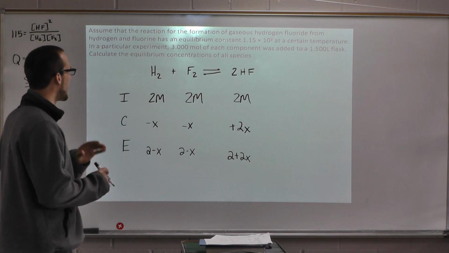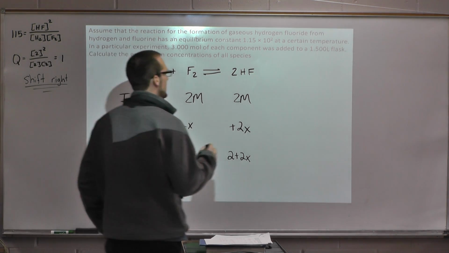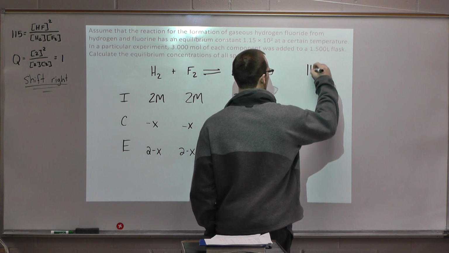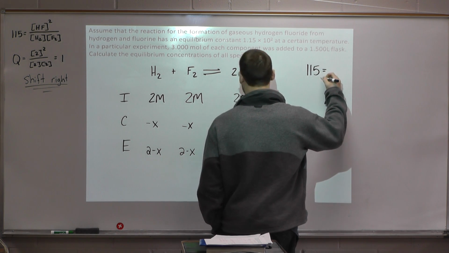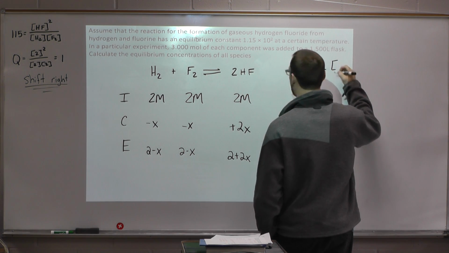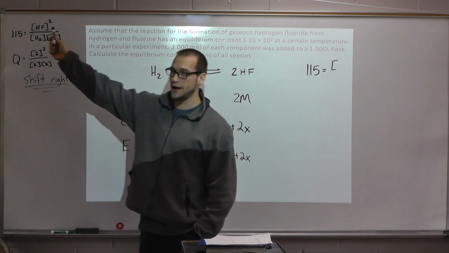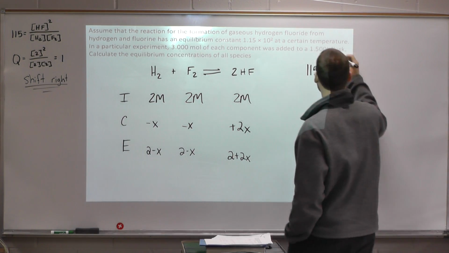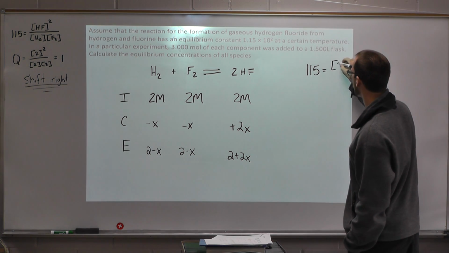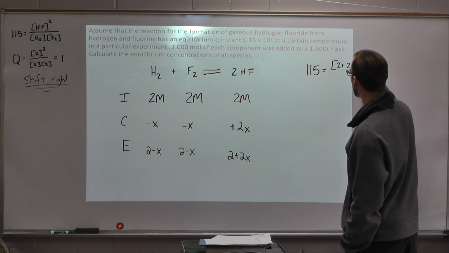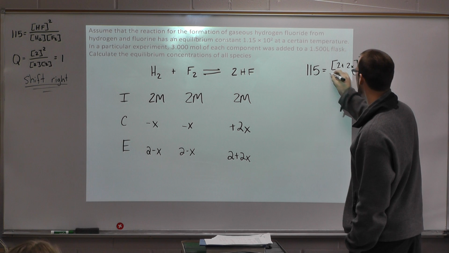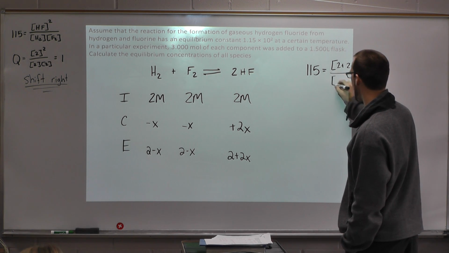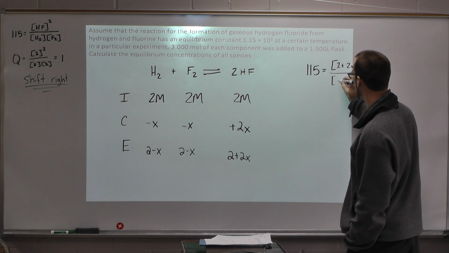Anyways, now we're going to plug into our equilibrium expression. Don't forget that our product is squared. And actually, this becomes still pretty easy math because we have both of them squared.